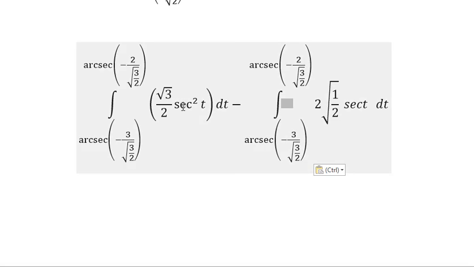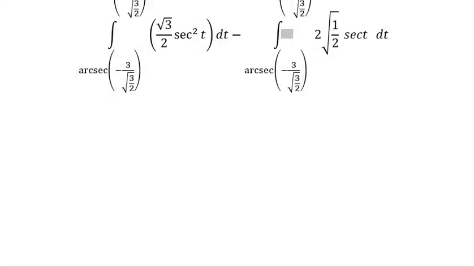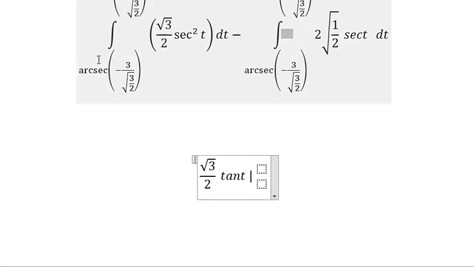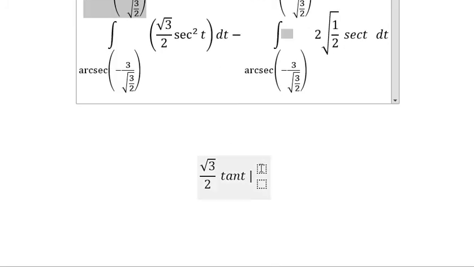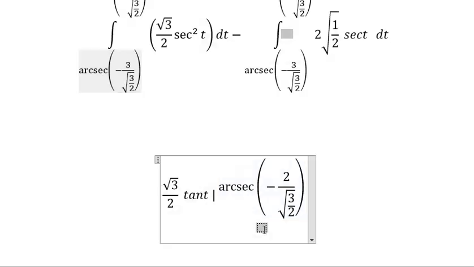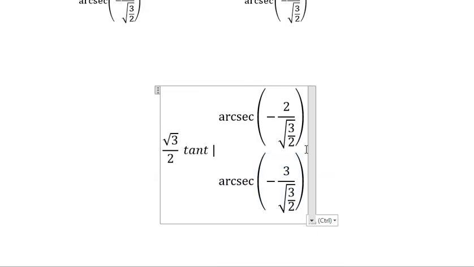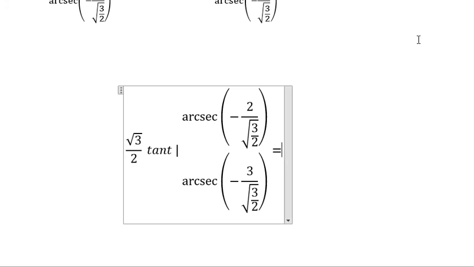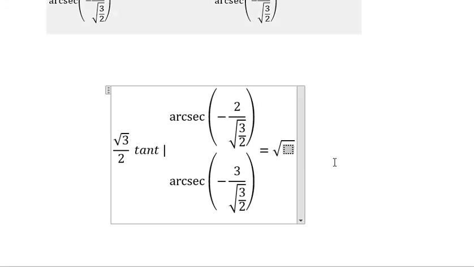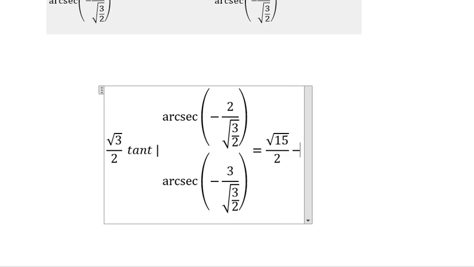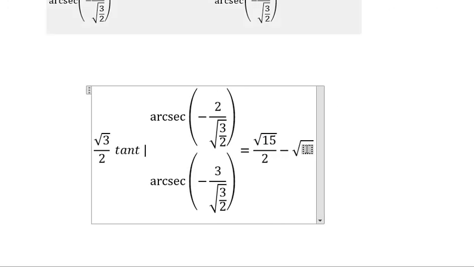Next, this one we will go about tan t, so we can calculate this one. So you got square root of 15 over 2 minus square root of 5 over 2.